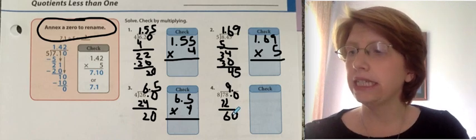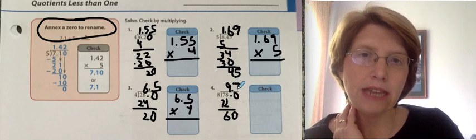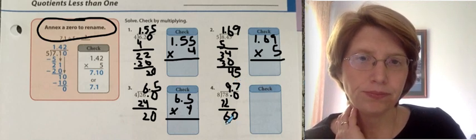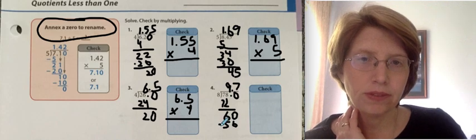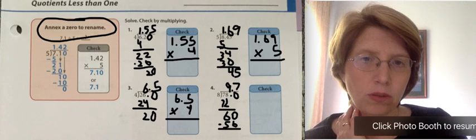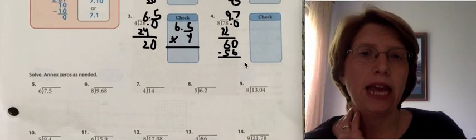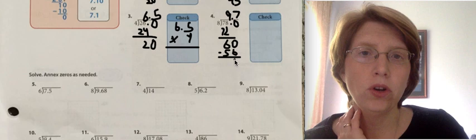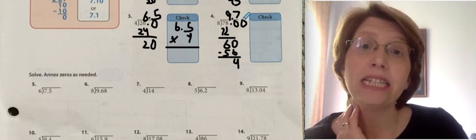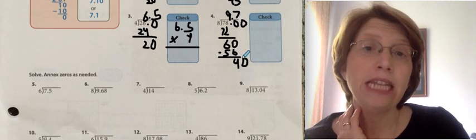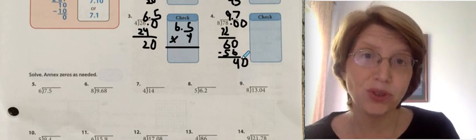8 goes into 60 7 times. We would subtract, get a 4. We still have a leftover, so we're going to keep adding zeros until we don't have any leftover, because you cannot just say remainder on decimals, okay?